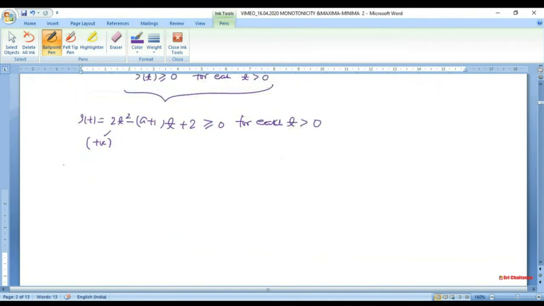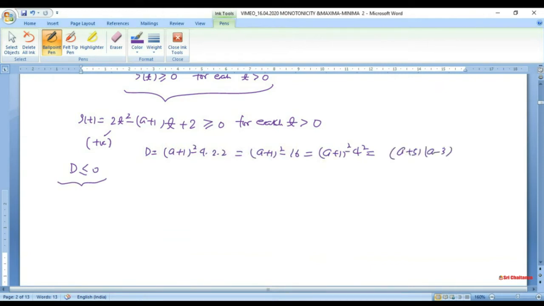Now we do case work on D. Let's calculate D first. D is (a plus 1) square minus 4 into 2 into 2, so that is (a plus 1) whole square minus 16, which is (a plus 1) whole square minus 4 square, which I can write as (a plus 5)(a minus 3). So one case I can deal with is D less than or equal to 0, and the other case is that D is positive.